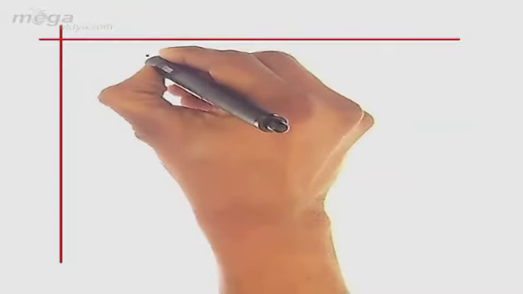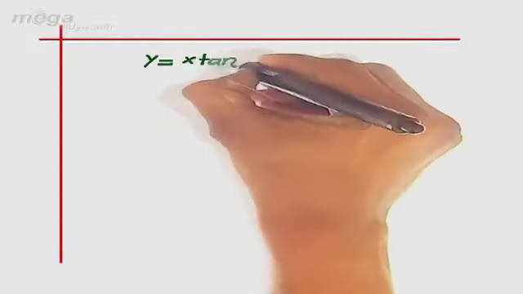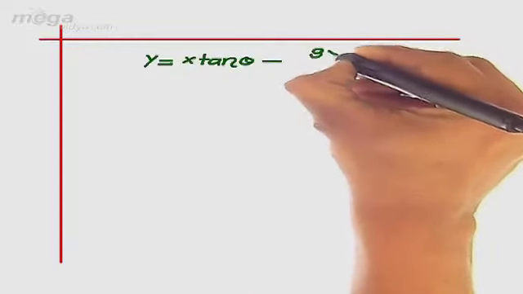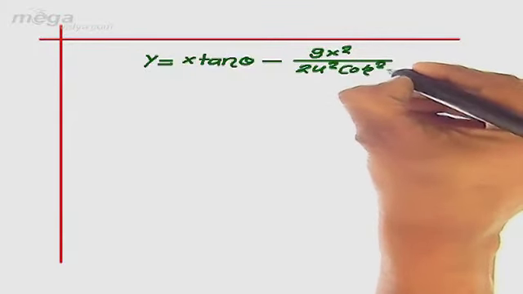Now we are going to consider the equation of trajectory again. y is equal to x tan theta minus gx square upon 2u square cos square theta.